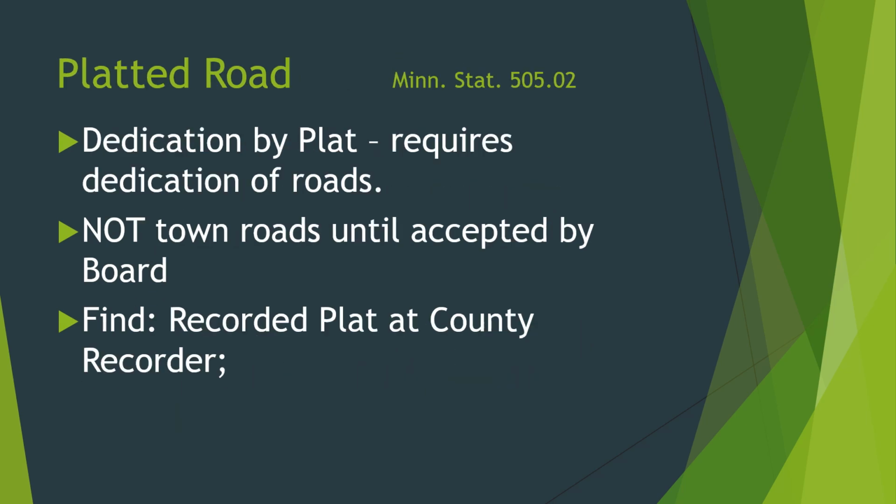The last method of creation we're going to talk about is a platted road, and by this we're looking at platted subdivisions. So some landowner took his larger parcel, put it into smaller pieces, and then is typically trying to sell them off. This could be residential or commercial. Typically for a town it's residential, but it is governed by statute, and statute's up there, 505.02.